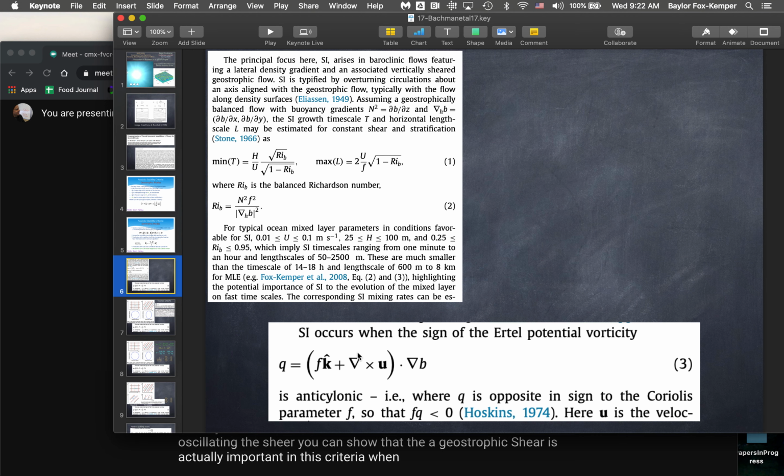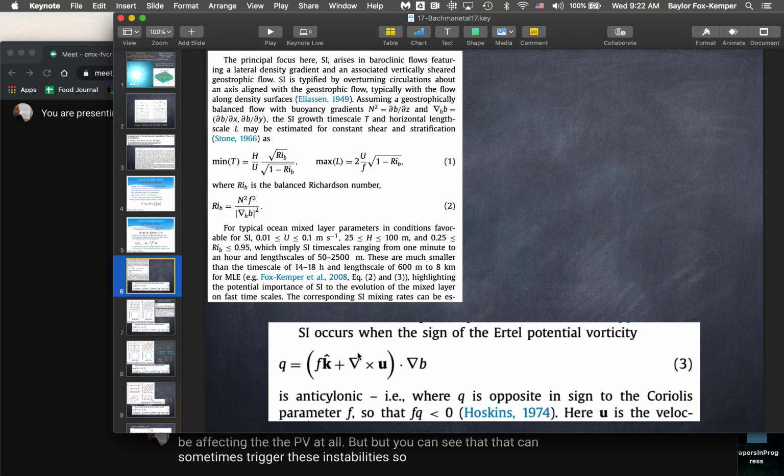If you were making it more sheared, less sheared, more sheared, less sheared by having an inertial oscillation, that inertial oscillation would not be affecting the PV at all, but you can see that it can sometimes trigger these instabilities.